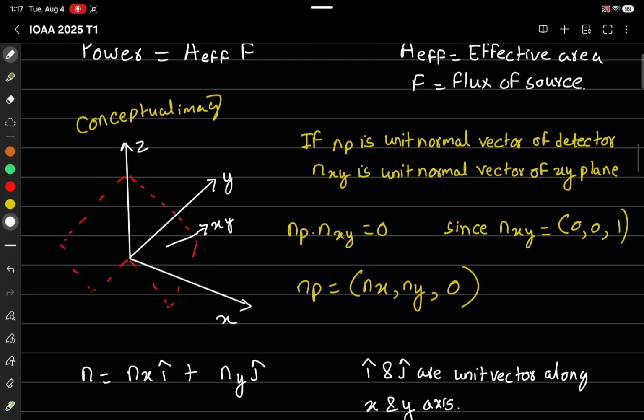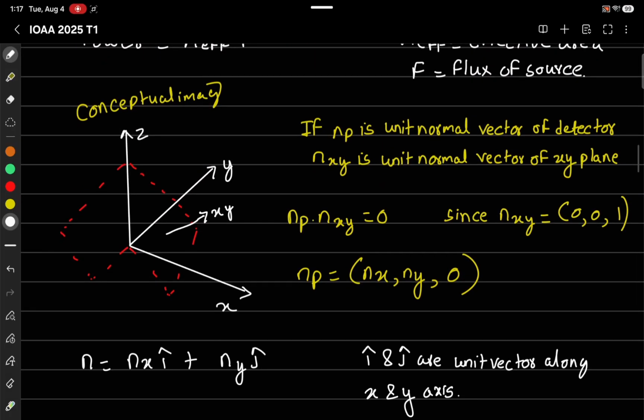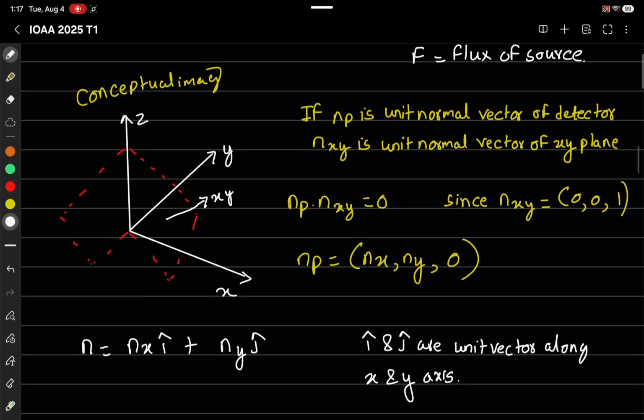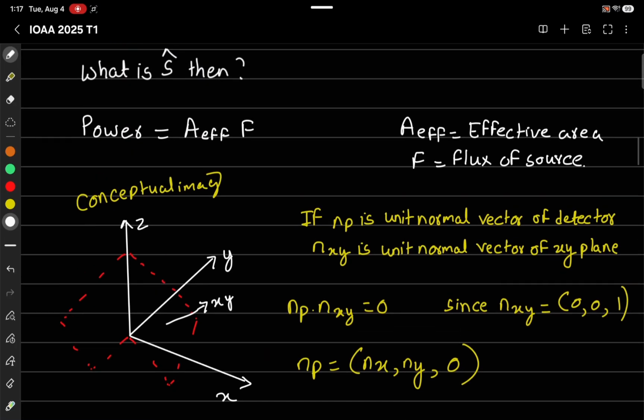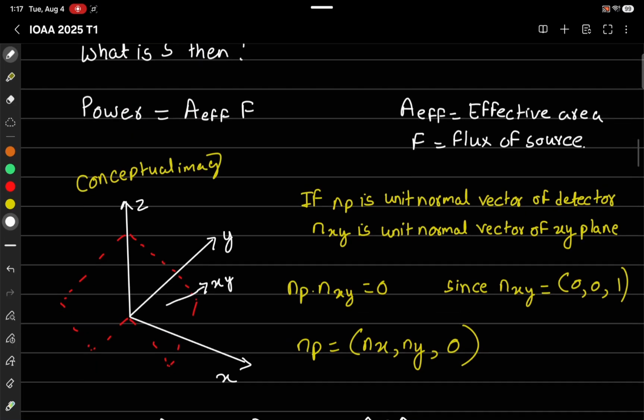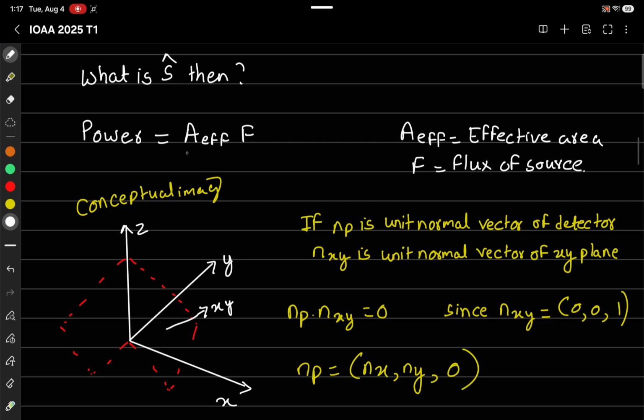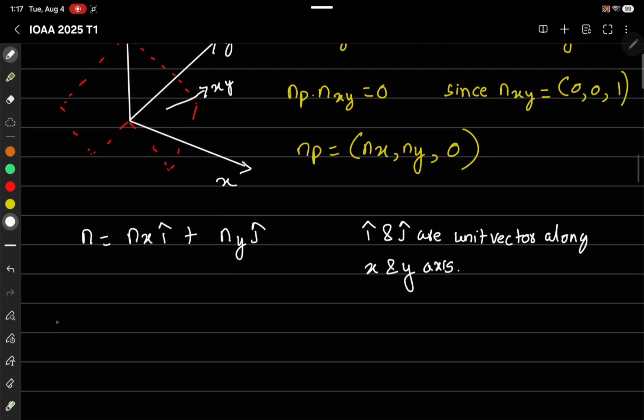Now the question might arise, why am I finding the unit normal vector of a detector? This is because the effective area is a projection of an area in the direction of a source.